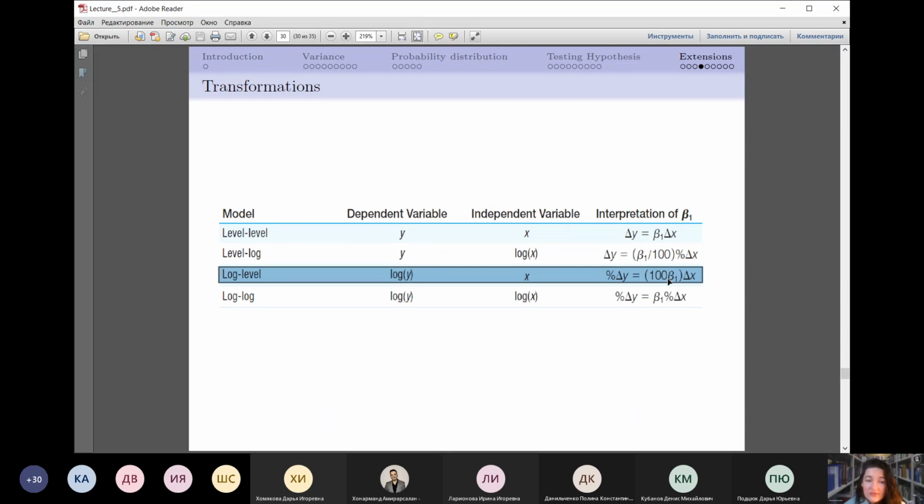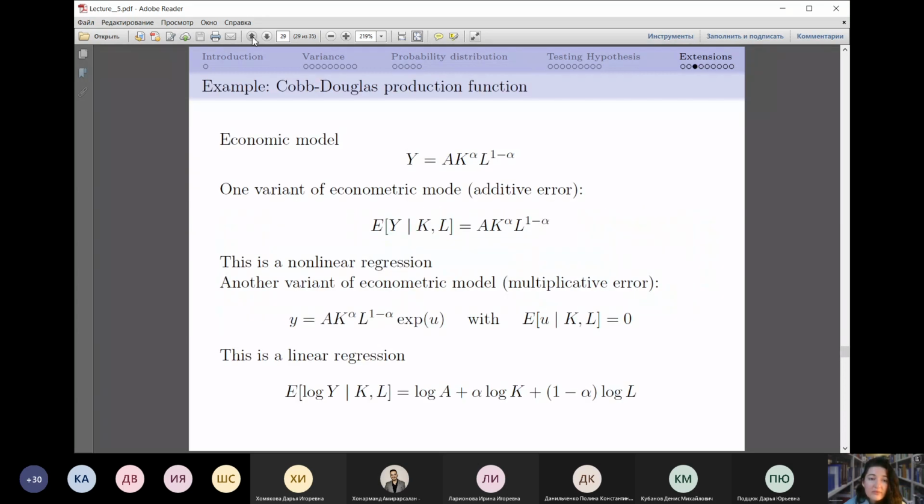And this is the difference in the interpretation. So please remember this table, and when you learn how to interpret different models with the log transformation, please take a look here and practice. You will do this also during the seminars.